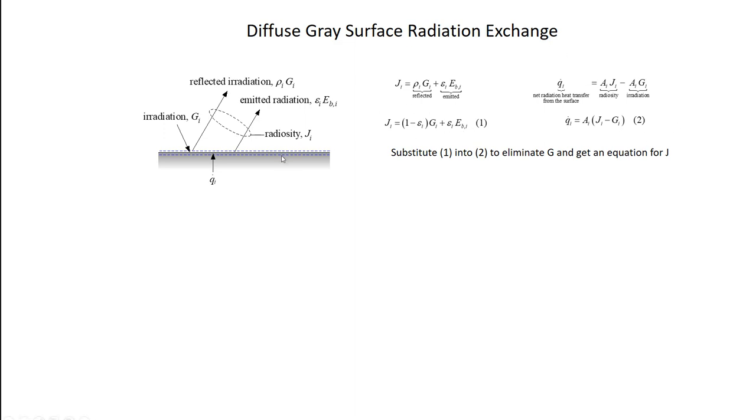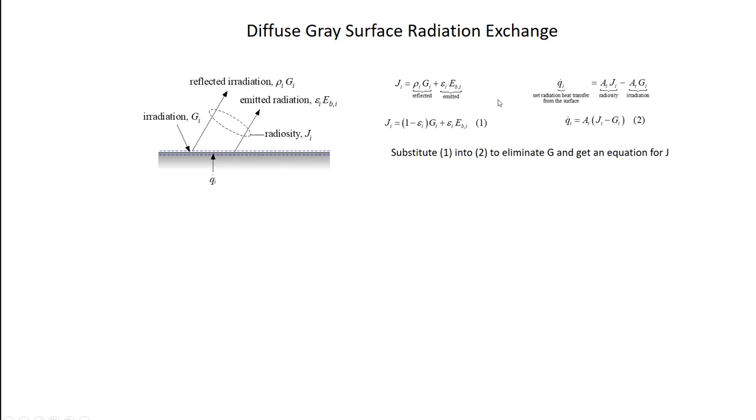Our second equation we get just by doing an energy balance on this surface. So an energy balance on this surface says that in has to be equal to out. There is no storage since I'm doing an interface energy balance. The in here is the net radiation heat transfer from the surface, right? This is how much the surface is being externally cooled or heated. So that's Q dot i coming in.